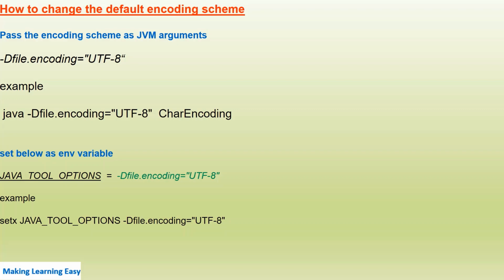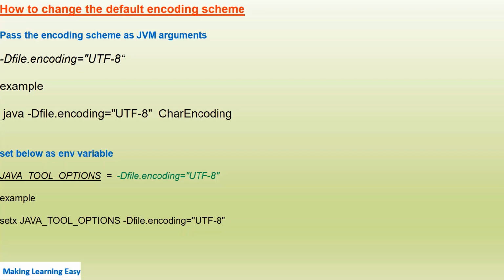If you want to change the default encoding scheme, you don't want to rely on the JVM setting. You want to give your own encoding scheme at the time of startup when the JVM is started.